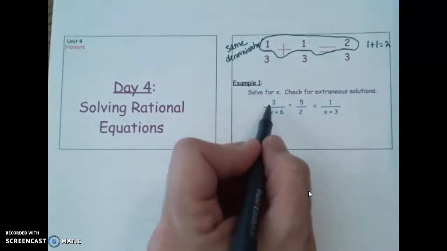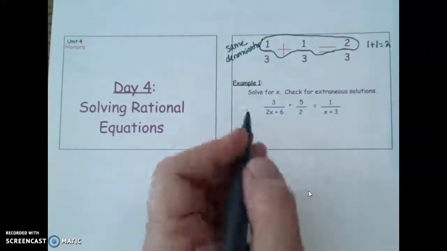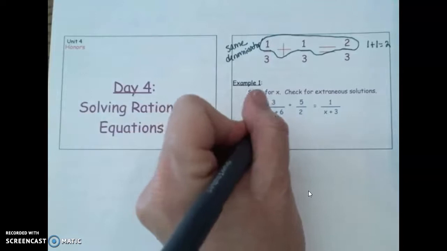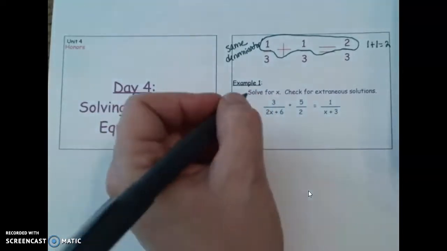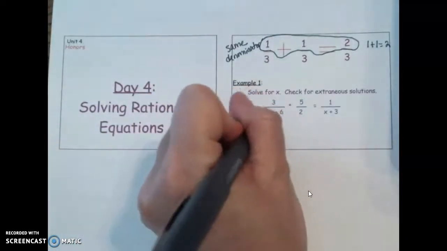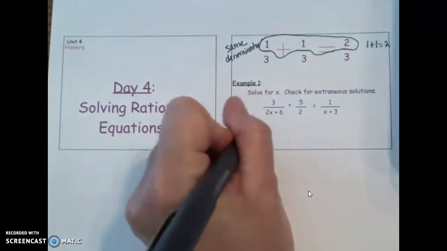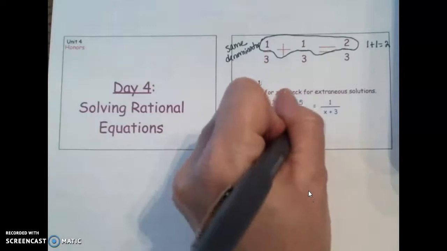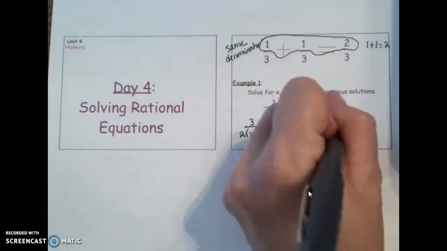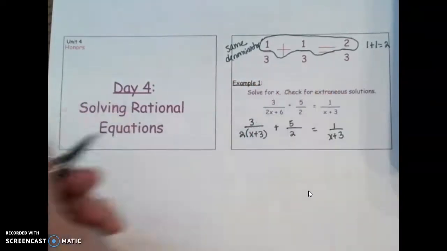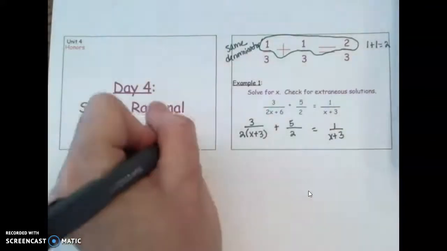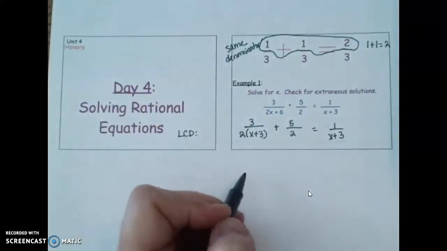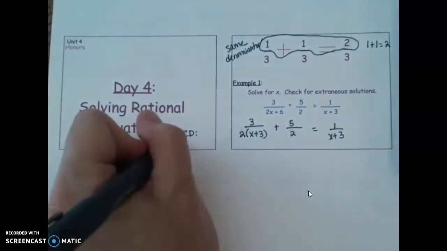So I'm going to rewrite this denominator here on example 1 because I see that there's a GCF of 2. So we're going to make that say 3 over 2 times x plus 3 plus 5 over 2 equals 1 over x plus 3.